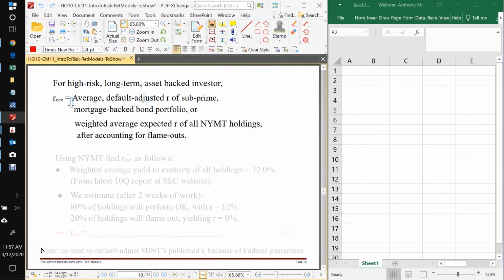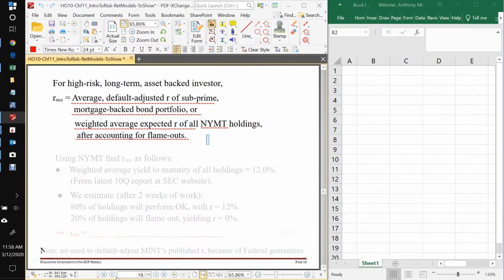So in this case, now we're going to have to get a default-adjusted interest rate or discount rate for her asset-backed mortgage bond portfolio, or if she is going to go with what I would recommend, just shares of the NYMT, she needs the weighted average expected return of all the holdings that this company has after accounting for flameouts.